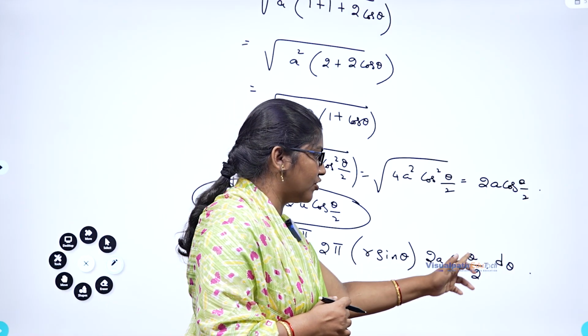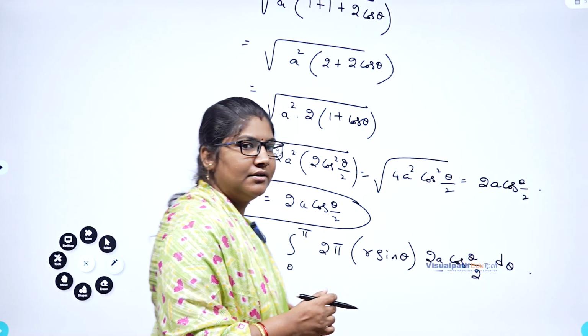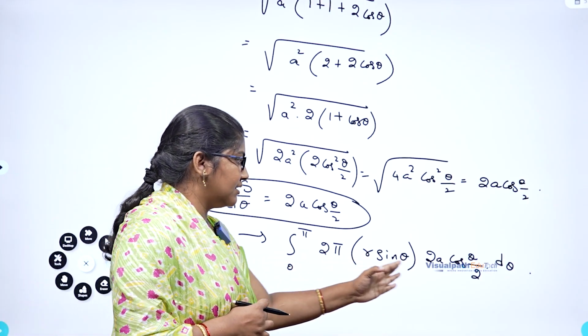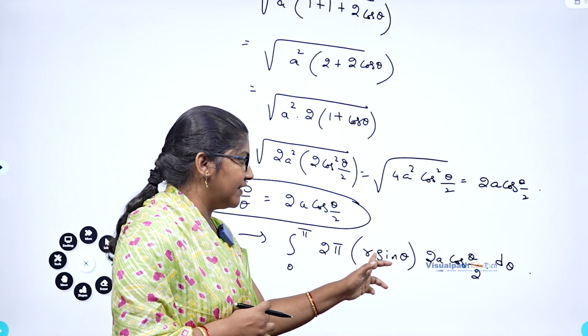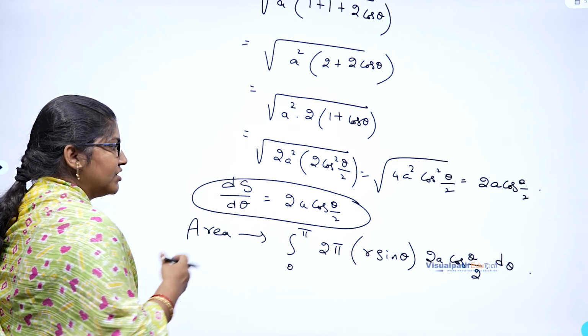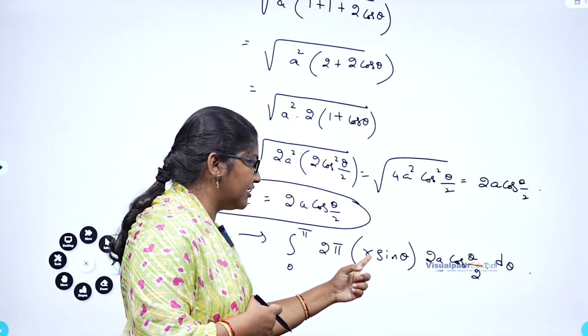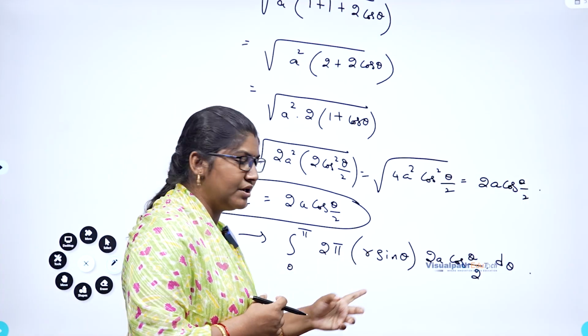Why have we assumed y as r sin theta? Now we have to remove r also, because we have to do integration. r is a variable in terms of theta, so we have to remove this.